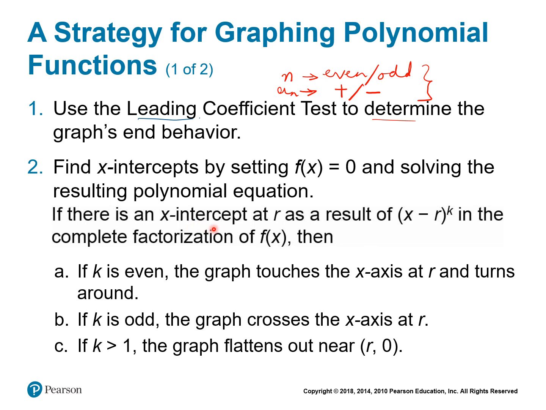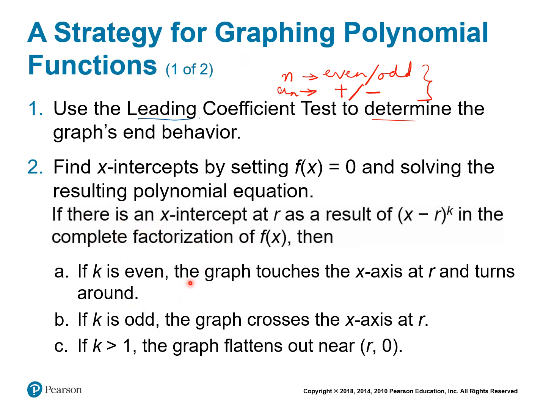If there's an x-intercept at r as a result of x minus r to the power k in the complete factorization of f of x, then if k is even, the graph touches the x-axis at r and turns around. If k is odd, the graph crosses the x-axis at r, and if k is greater than 1, the graph flattens out near r comma 0 at the intercept. So let me just summarize this or explain this a little bit.